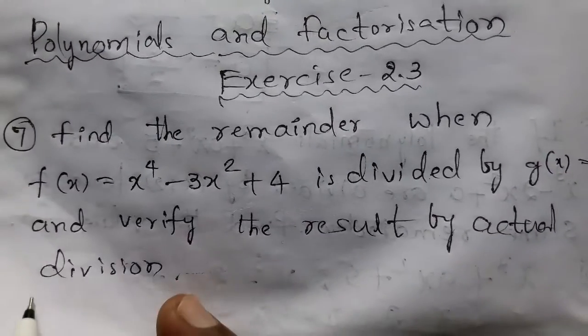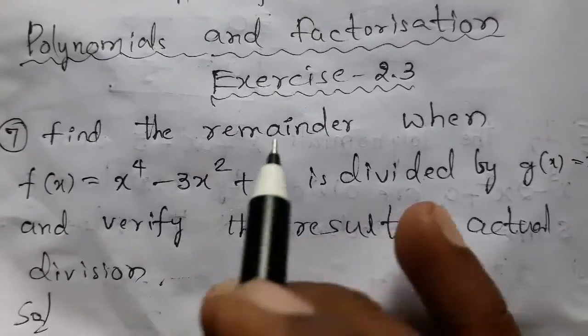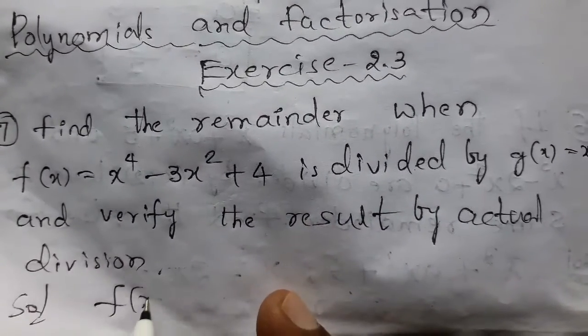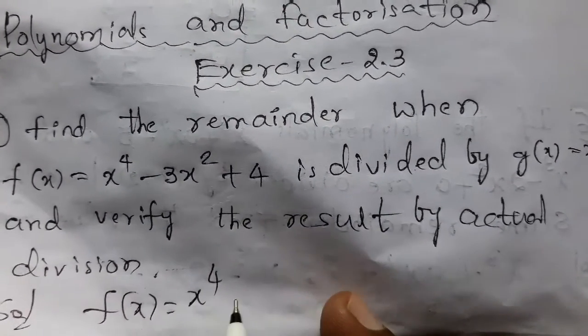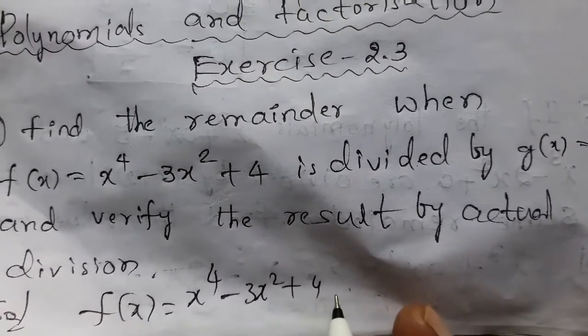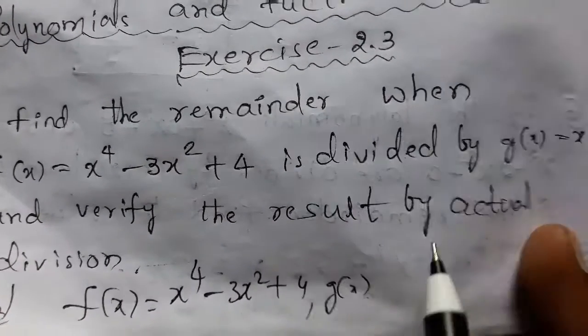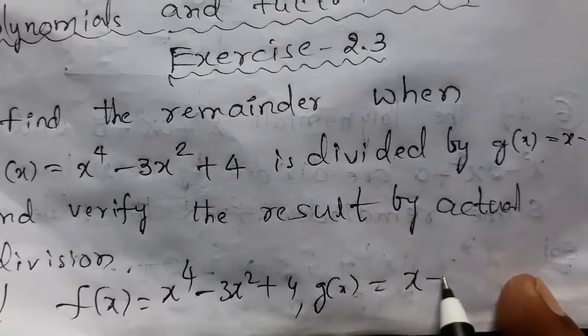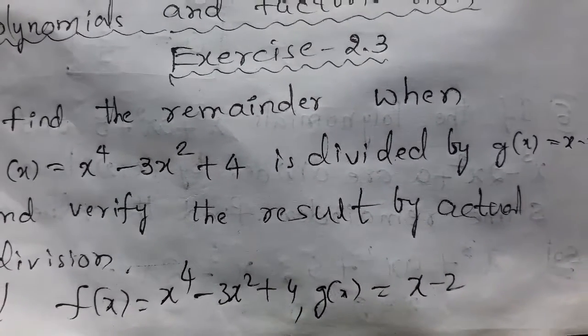So solution, what is given? f of x is equal to x power 4 minus 3x square plus 4. Next, g of x is equal to x minus 2 is given, isn't it?